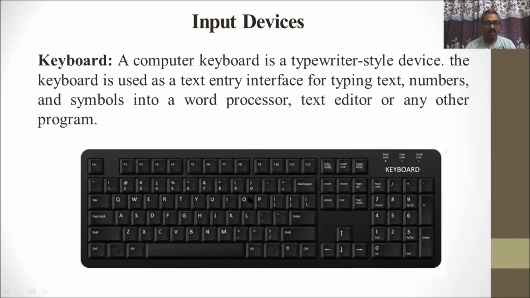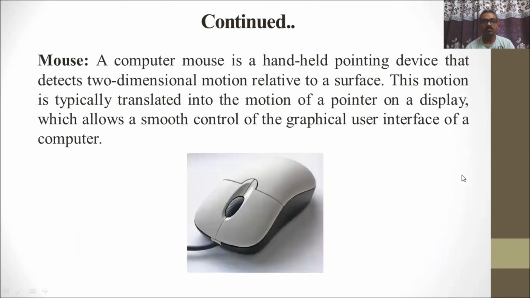Here is the alphabets section, and on the top of the keyboard, the function keys are available, and some special keys like insert, delete, home, page up, page down, and some combination keys like shift, control, caps lock, etc. The keyboard is divided into different parts.